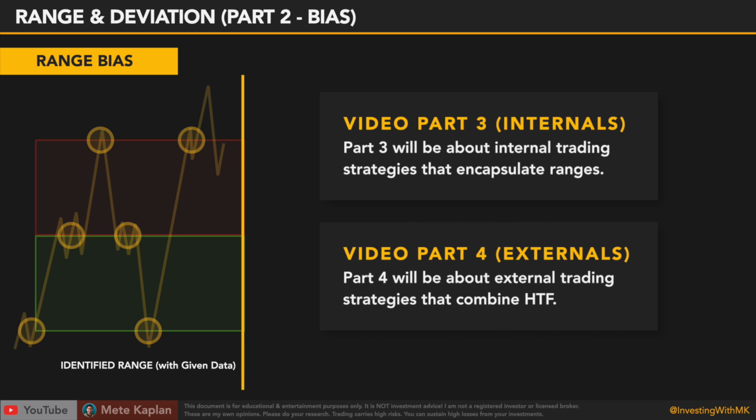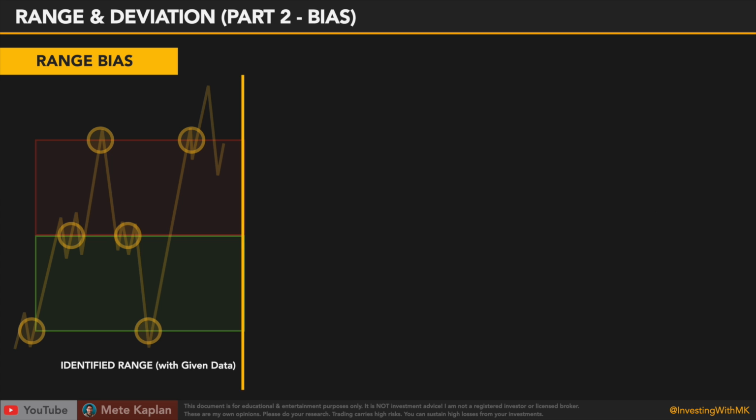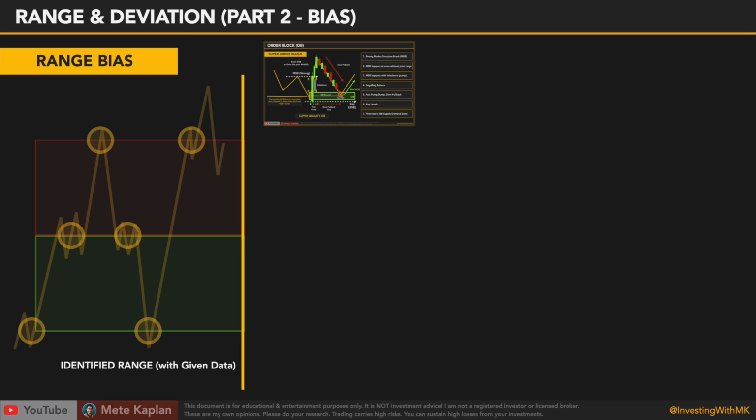Sorry for the delay, but I had to teach you range basics and range bias first before trading specific strategies. However, in the meantime, you have already learned over 20 entry models in our free trading course. Once you identify a range, you already have a market bias and direction to trade. You can basically use any trading setup inside or outside the range.